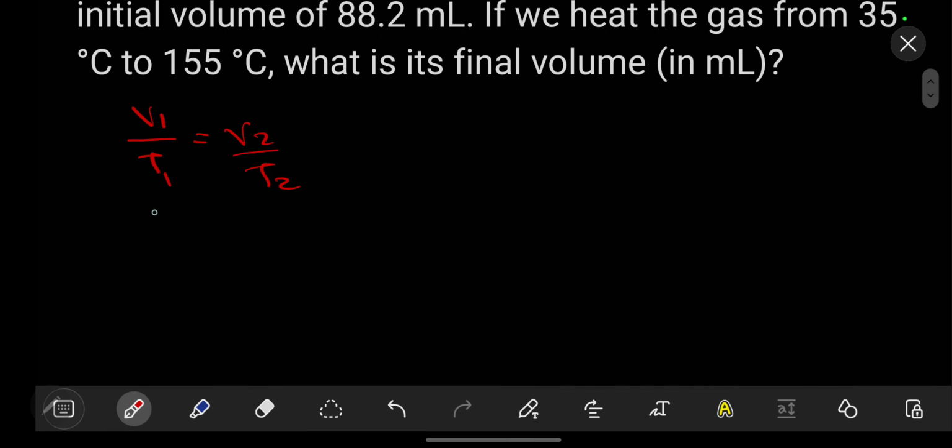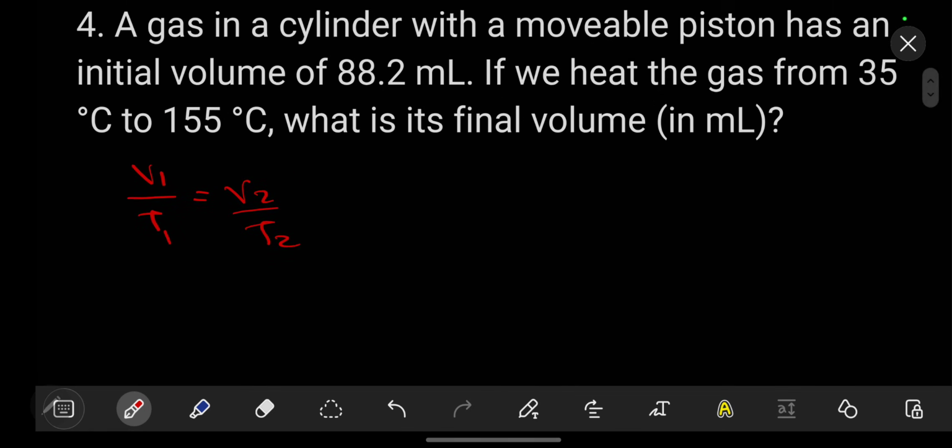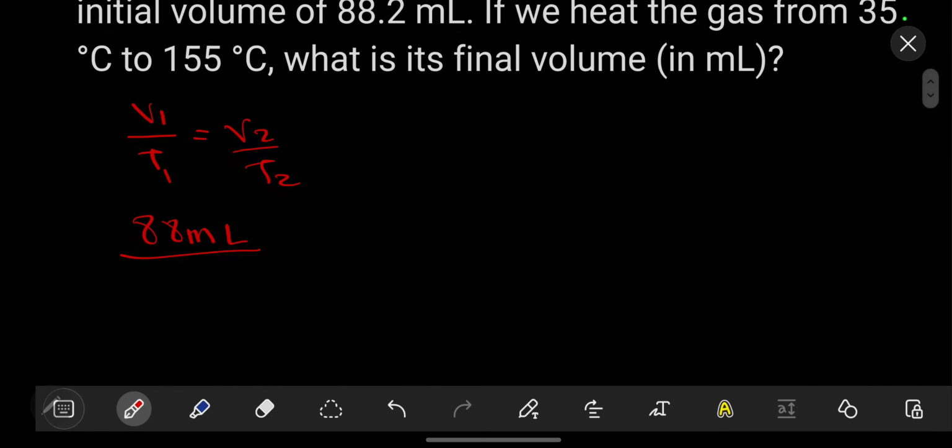Our volume number 1 is 88.2 milliliters over our temperature number 1. Now, the temperature always has to be in kelvins. In this video, we are just going to do the calculation all together: if the temperature is in degrees Celsius, we are always just going to add 273.15.